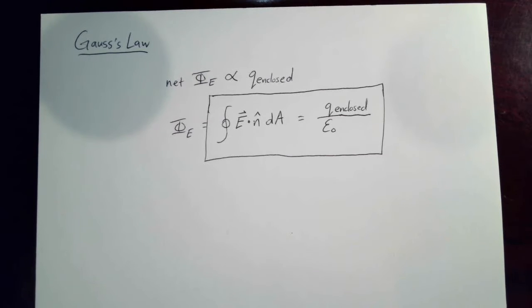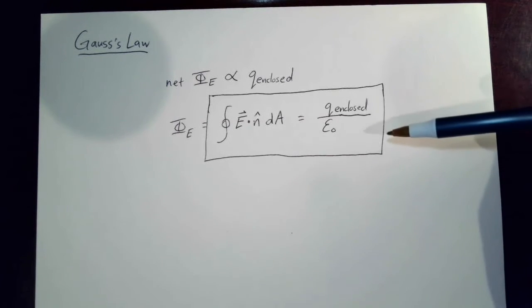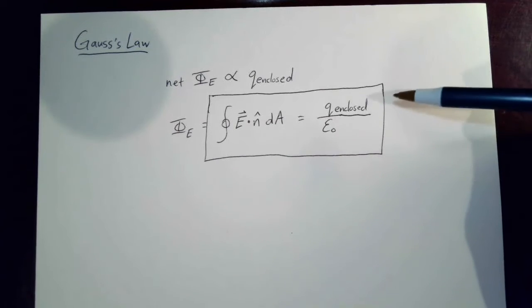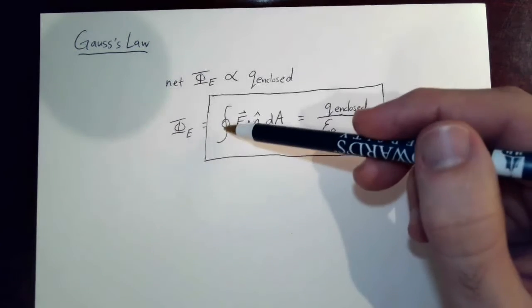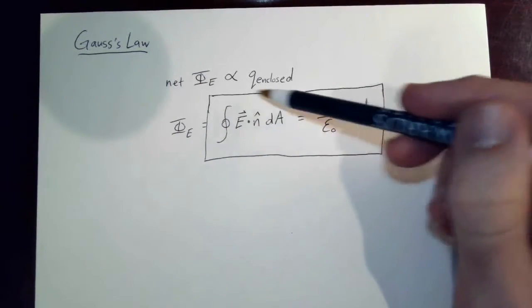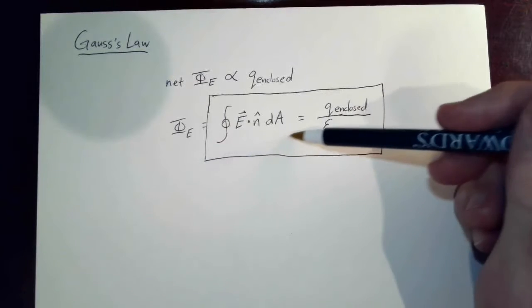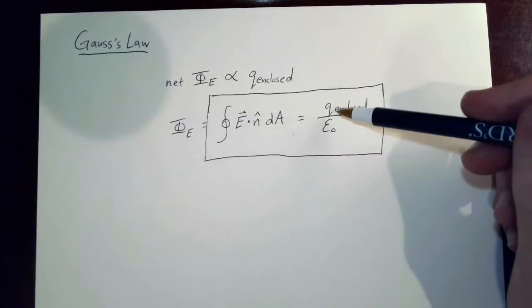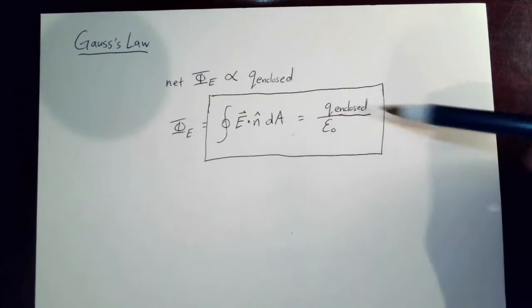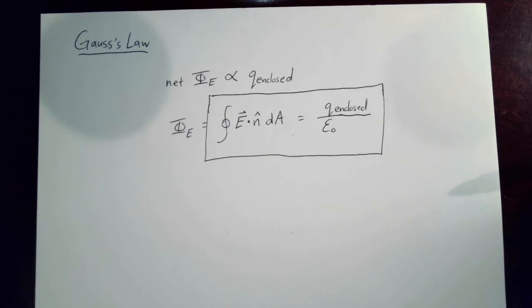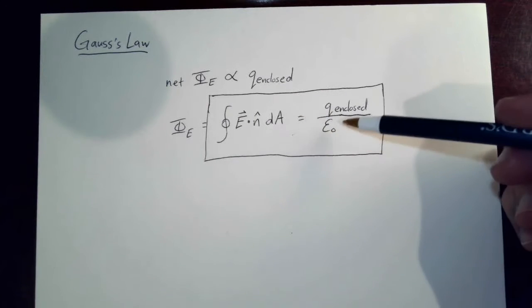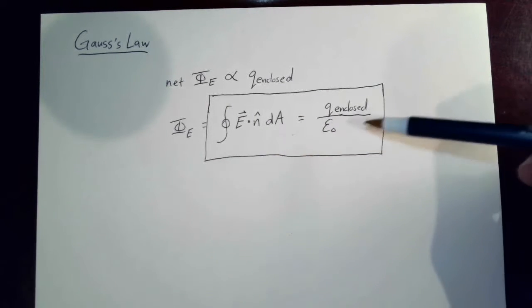So I want to show a few applications of Gauss's law. The most obvious one, and the one that we've basically been talking about so far, is that if I can calculate the electric flux through a closed surface, I can use that to conclude how much charge is enclosed by that surface. But we can also do this in the reverse direction.